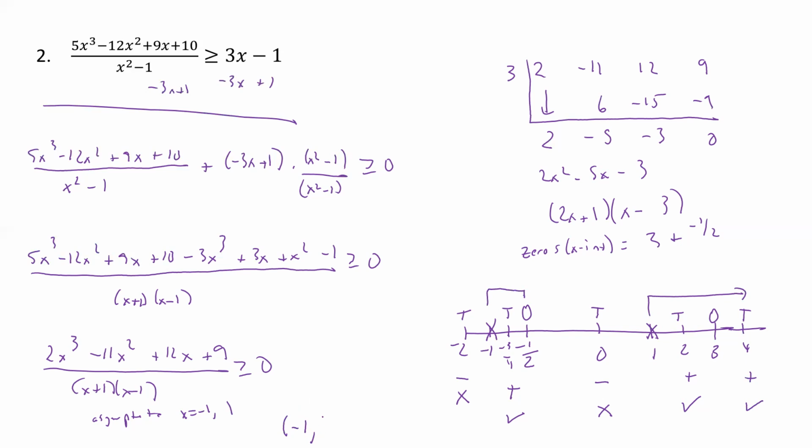We can't have the 1 or negative 1, but we can have the negative 1/2, union, and then we can't have the 1 here all the way up to positive infinity. So that would be our solution in interval notation like that. Okay, so negative 1 up to negative 1/2, and then 1 all the way up to positive infinity. All right, so that's all I have. So hopefully that will help you.